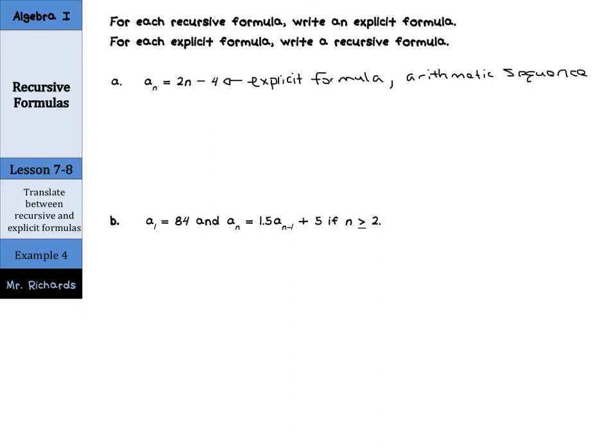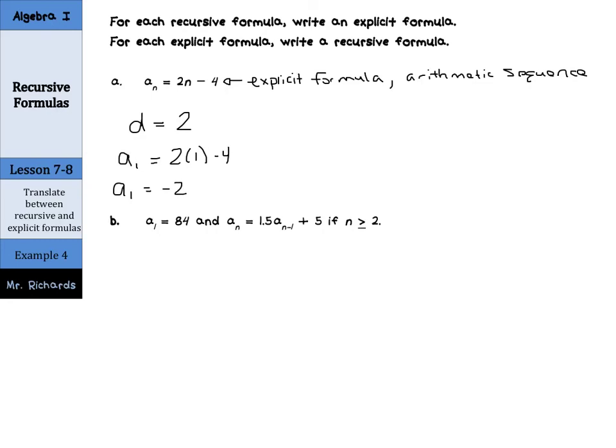And here's what we can take out of this. We can say d, our common difference, is 2. And then we can solve for our first term, a1, which is going to be 2 times 1 minus 4. So my first term is 2 times 1 is 2, minus 4 is negative 2.